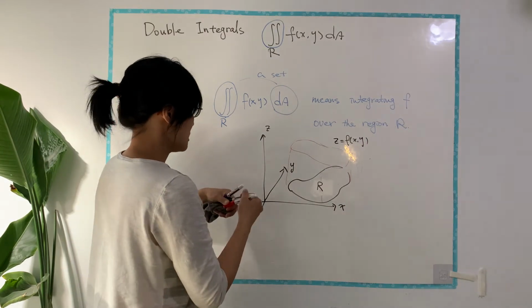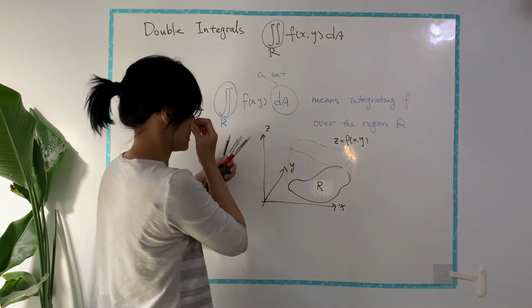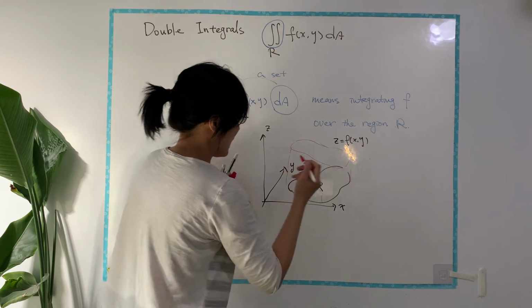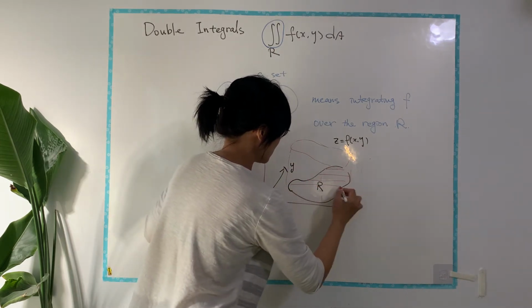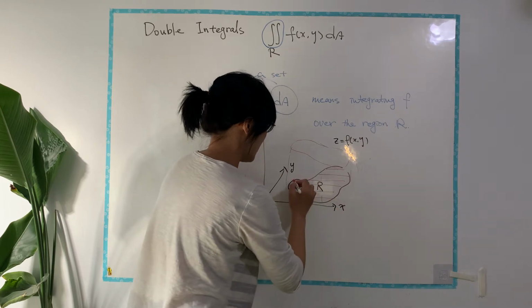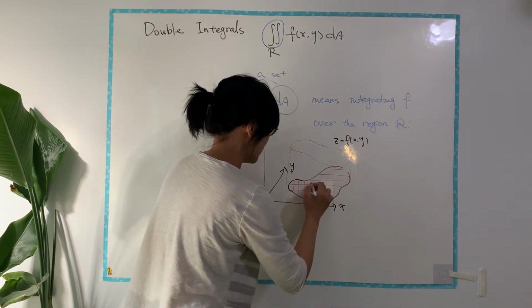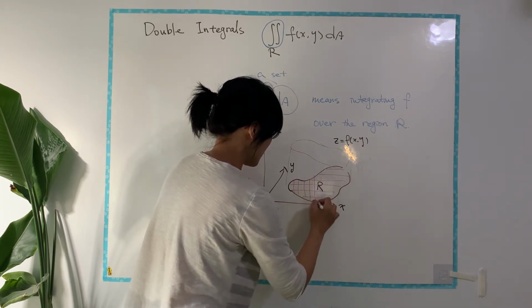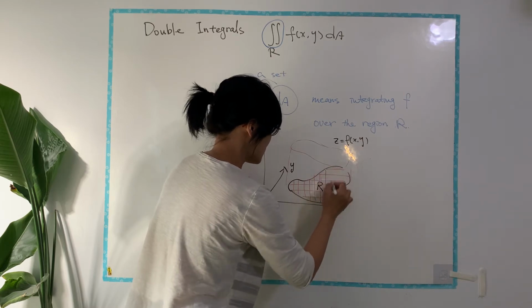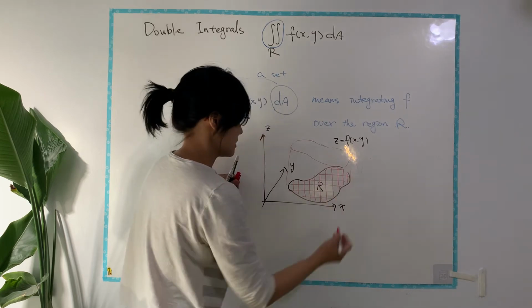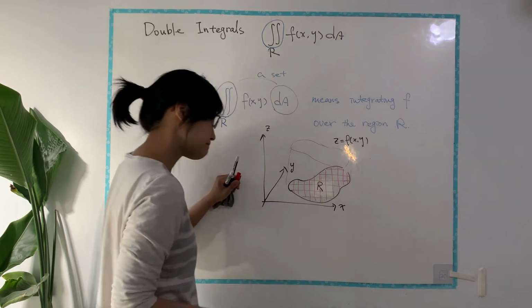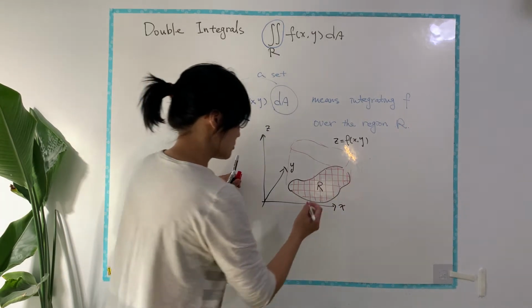This notation would mean that I partition the region R just like how we partition an interval. I'm chopping this region into smaller rectangles.